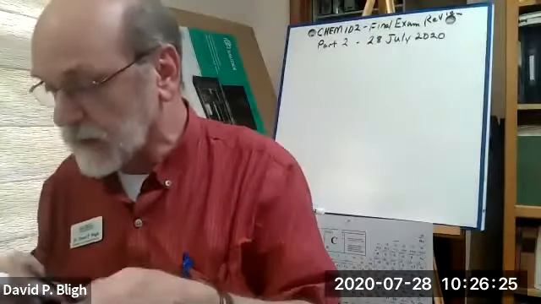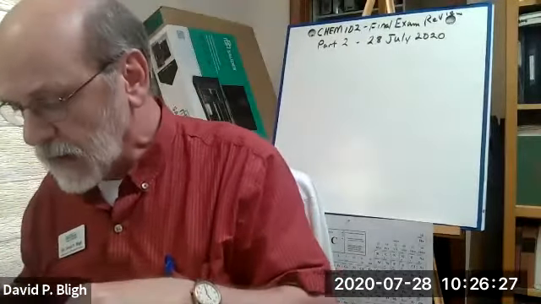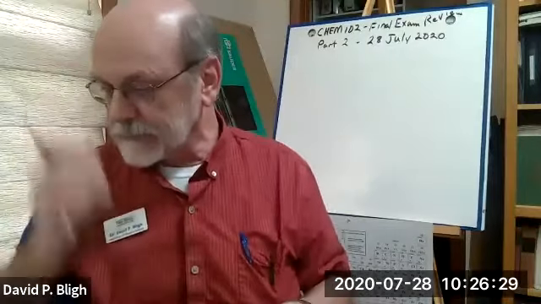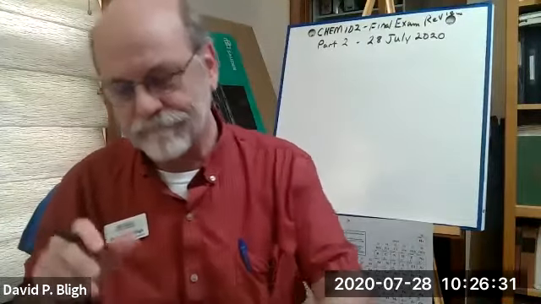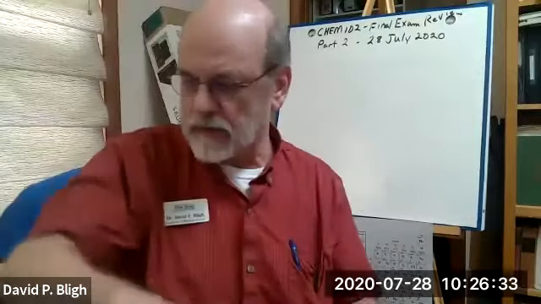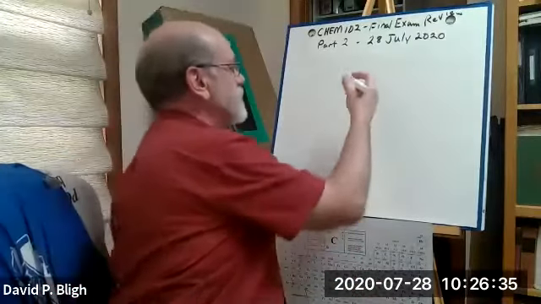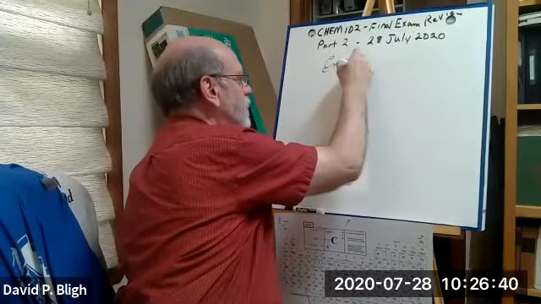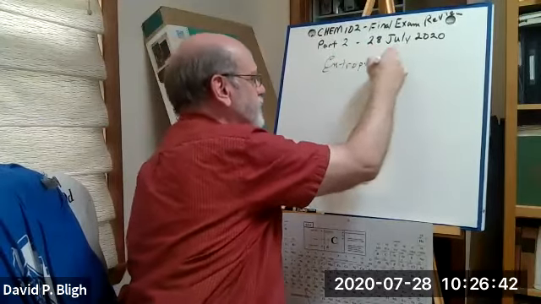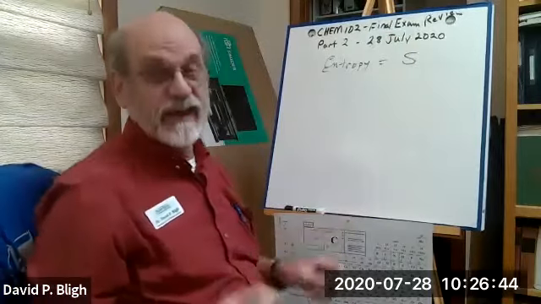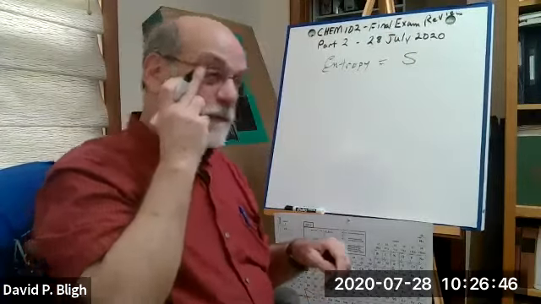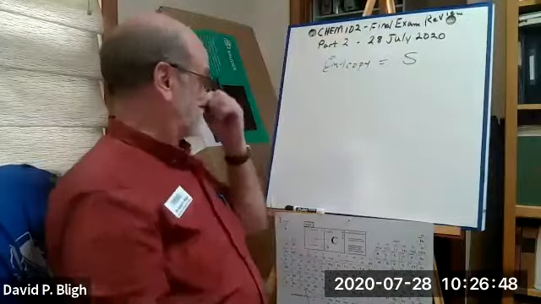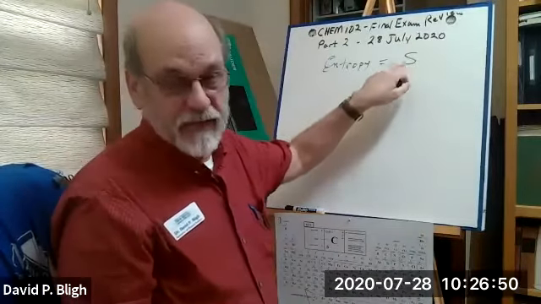Let's see, I've got to move on here. Let's talk about entropy a little bit. Entropy. The symbol is S, big S. Of course, it doesn't mean anything by itself.